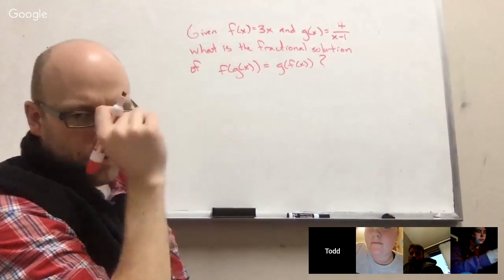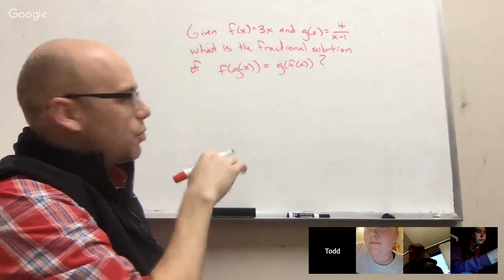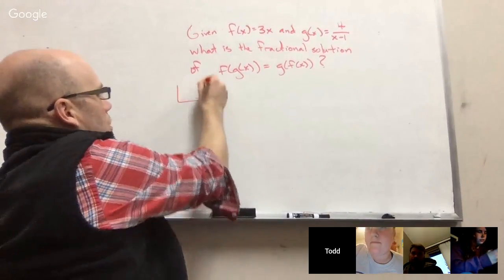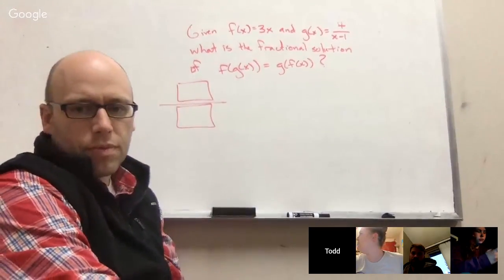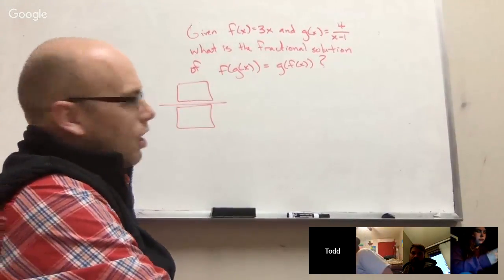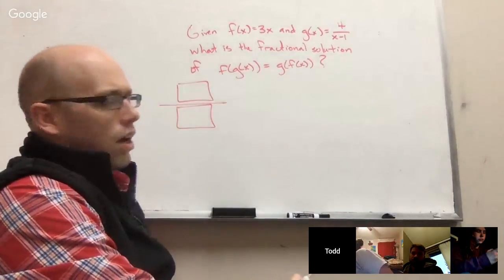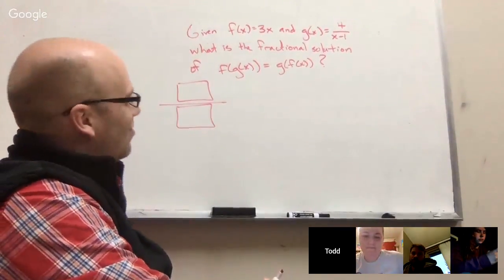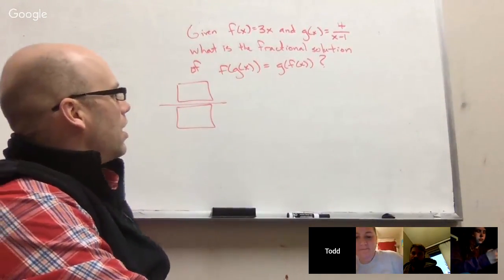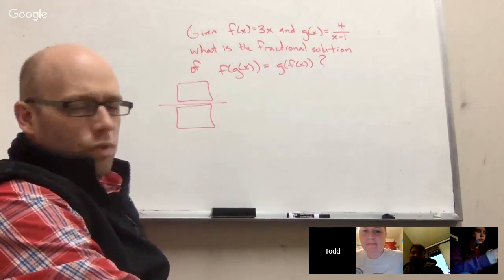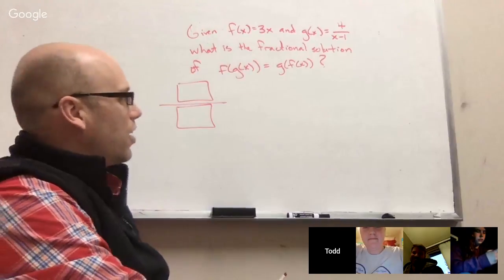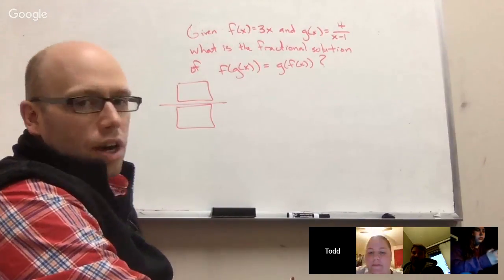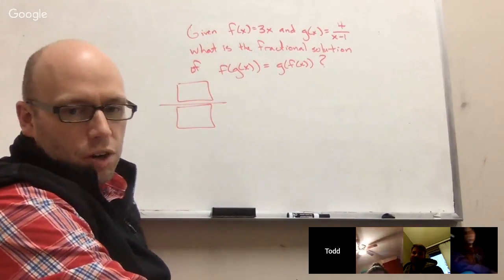So notice what this is saying, and then it asks you to fill in these two boxes. Here you not only have to find the composition, you actually have to find two different compositions and then solve an equation involving them.